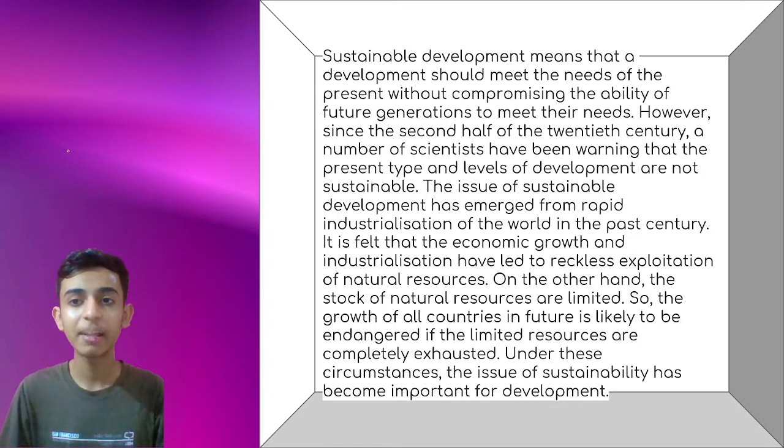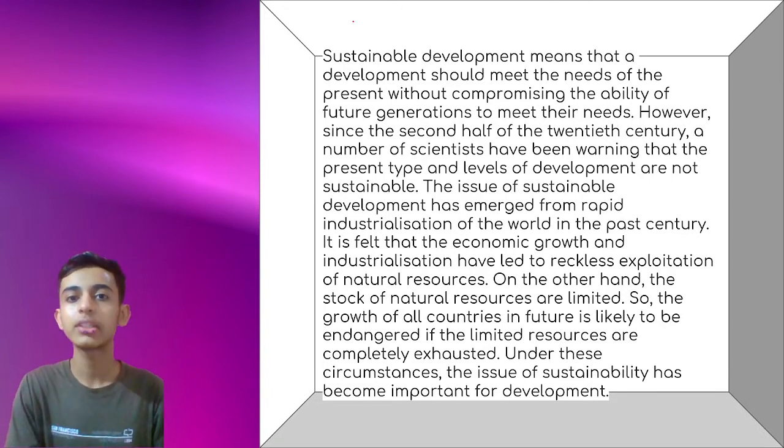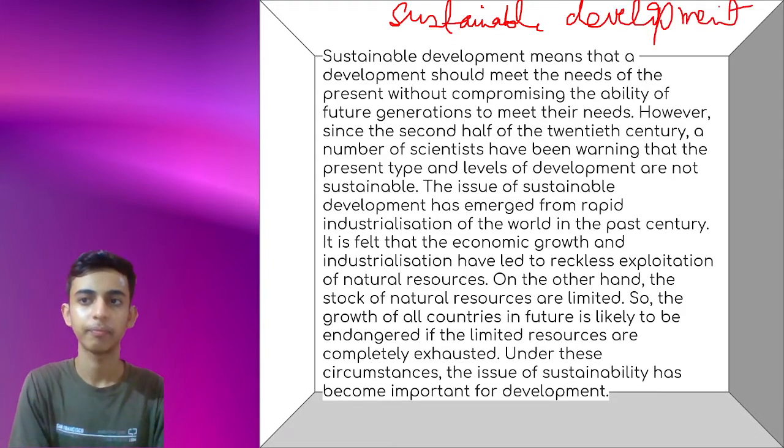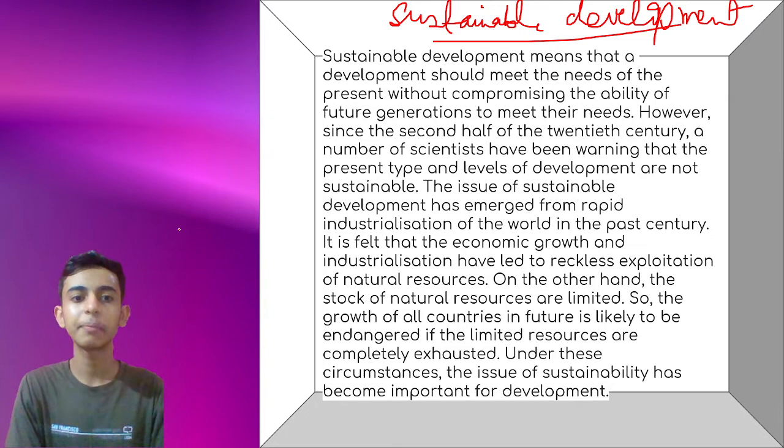So this passage talks about sustainable development. Sustainable development means that a development should meet the needs of the present without compromising the ability of future generations to meet their needs. So by this I get to know it is about sustainable development. You can just read it. I am giving you some time.